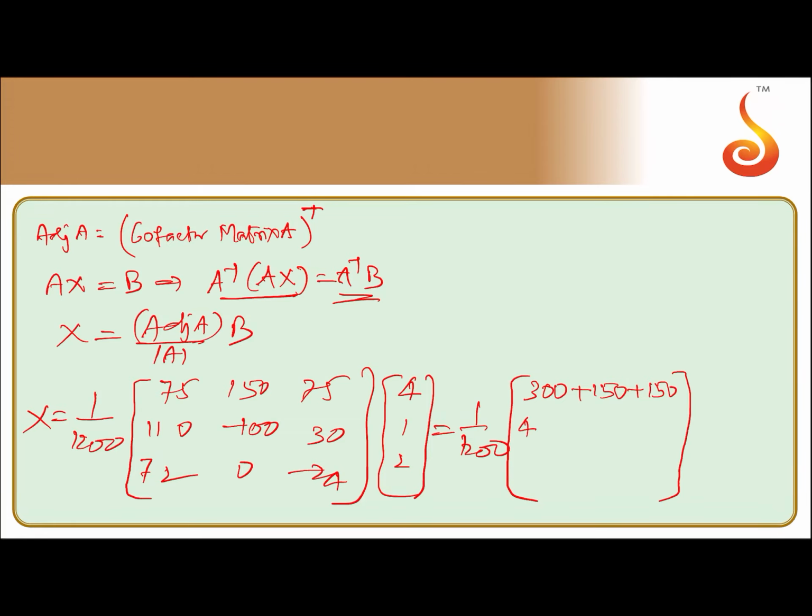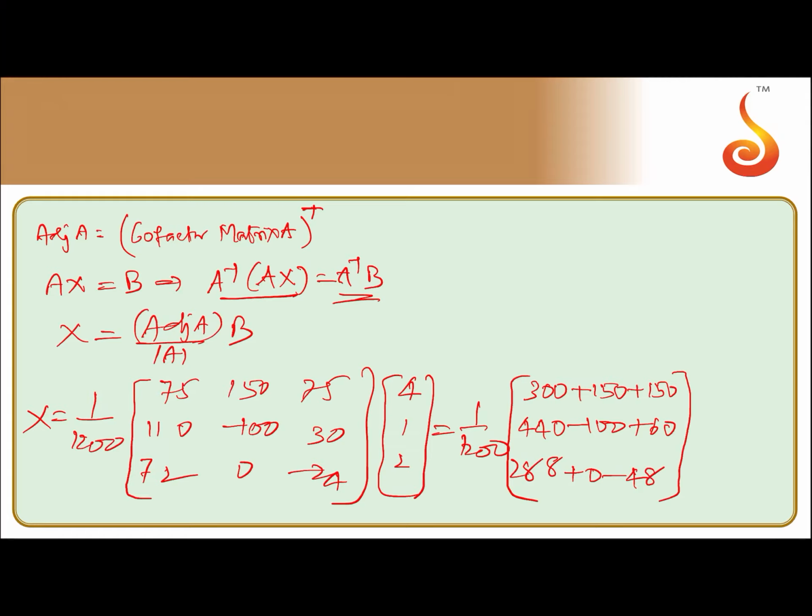And 110 multiplied by 4, 440 minus 100, 340 plus 60, 400. So 500 minus this one, 100, you get 400. And the next one, 72 4 times, 288 plus 0 minus 48. Subtracting, I hope we'll be getting 240.